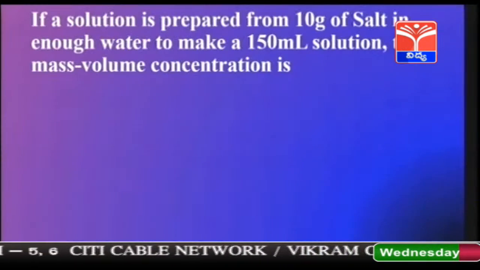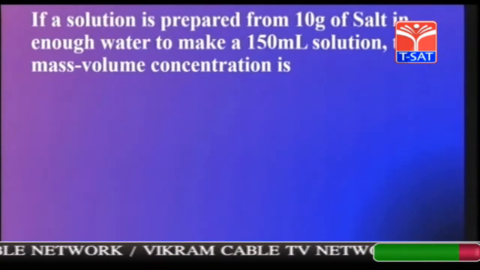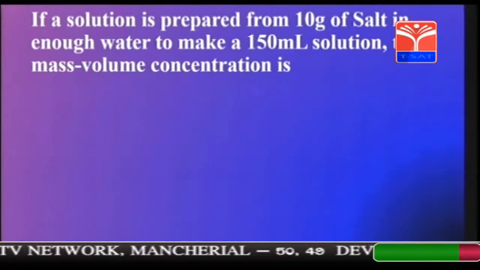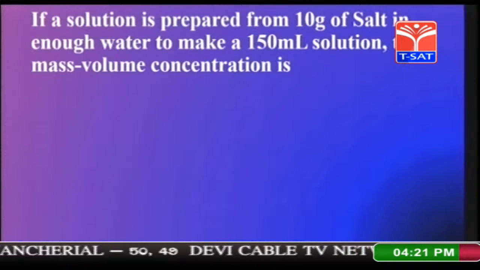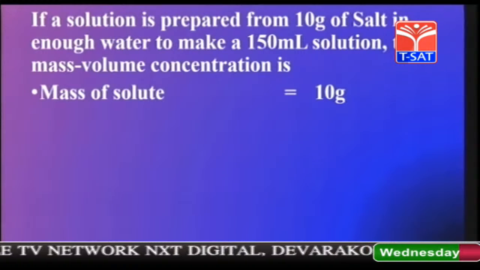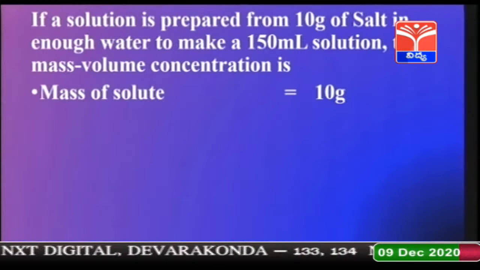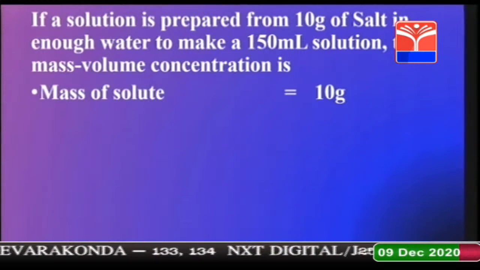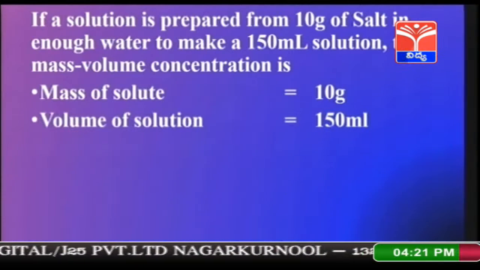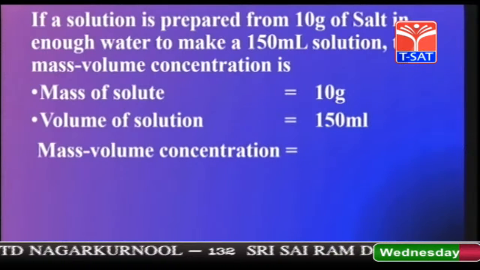If a solution is prepared by taking 10 grams of salt in enough water to make 150 ml of solution, then the mass volume concentration here is given by the mass volume concentration formula. Mass of the solute we have taken here is 10 grams of salt, and the volume of the solution totally we have obtained is 150 ml. So what is the formula of mass volume concentration?